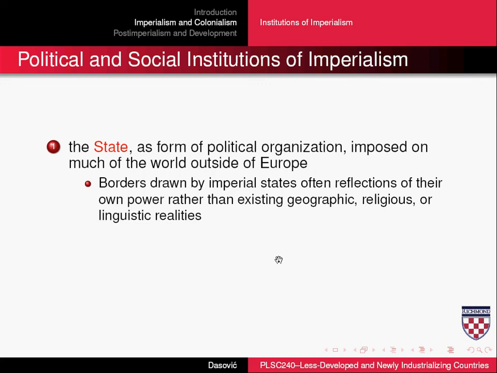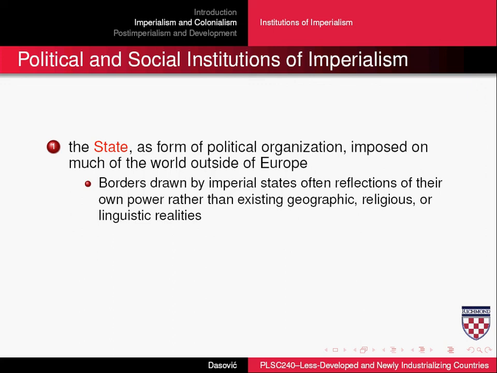So what we find is that in many places around the world, there was an international or state border, or an imperial boundary, drawn that cut across religious or ethnic or even clan lines, so that you had members of one clan ruled by one empire and members of another clan ruled by another, and that has continued to this day, where you have members of a singular ethnic group living in two or more states. A typical example, of course, is the Kurds in the Middle East, who live currently in 4 different states.